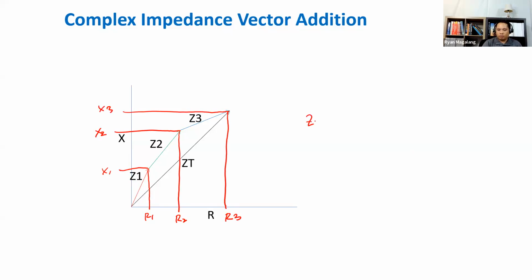So your Z total is essentially (R1 + R2 + R3) plus (X1 + X2 + X3), raised to the 1/2 because we need to get the resultant. I know you all know this. And that will not be the same if we just add them arithmetically without considering the XR or the phase angle.